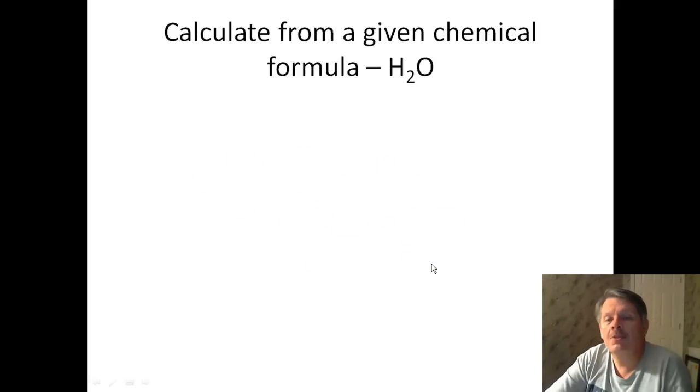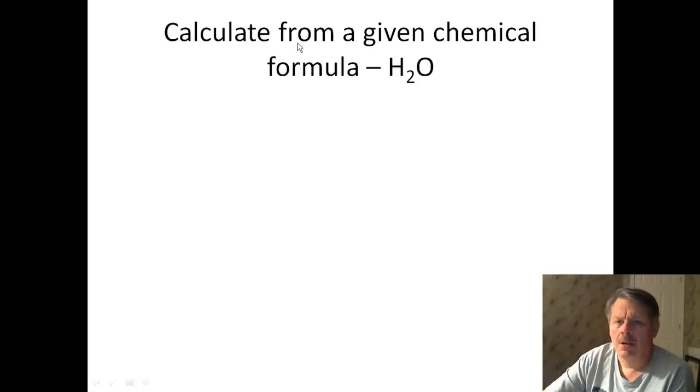What happens if I give you a formula? Well, that's actually pretty easy, right? If I look at hydrogen and I look at oxygen, hydrogen is 1.0079. However, there are two of them. So when I multiply by 2, I get 2.0158.